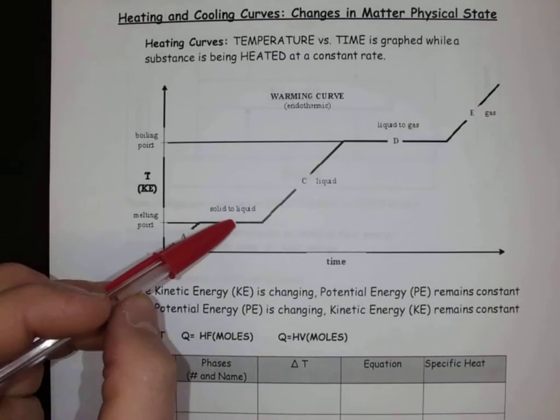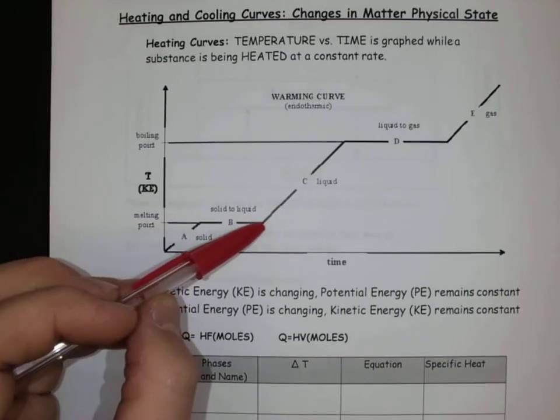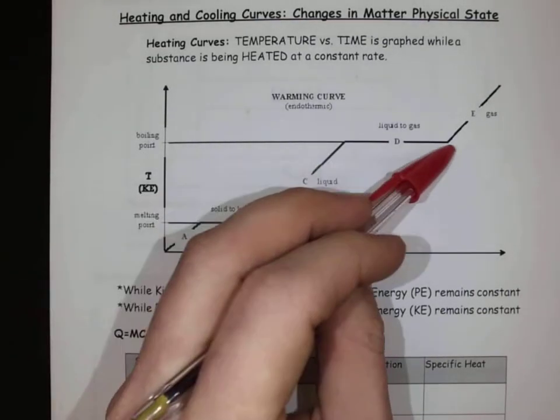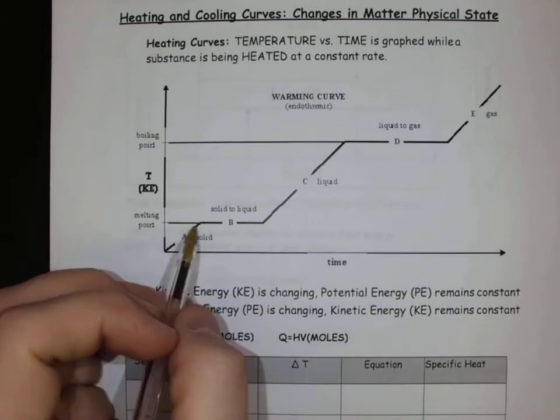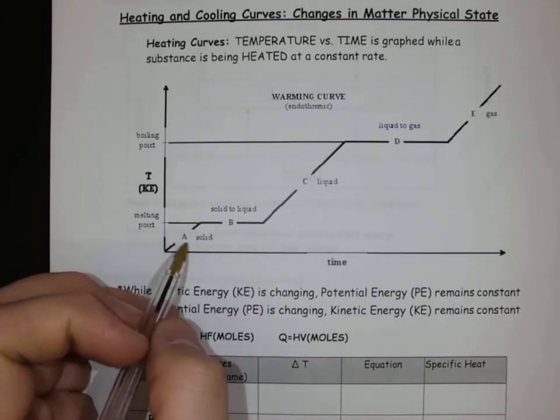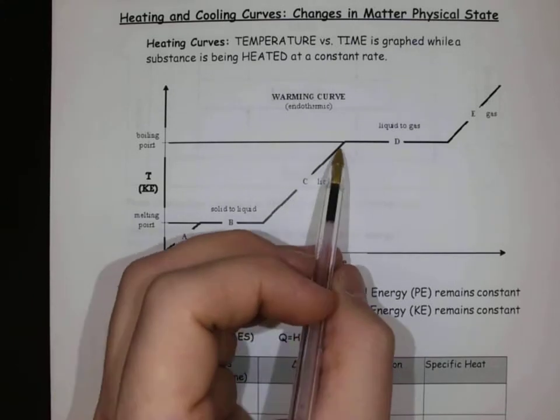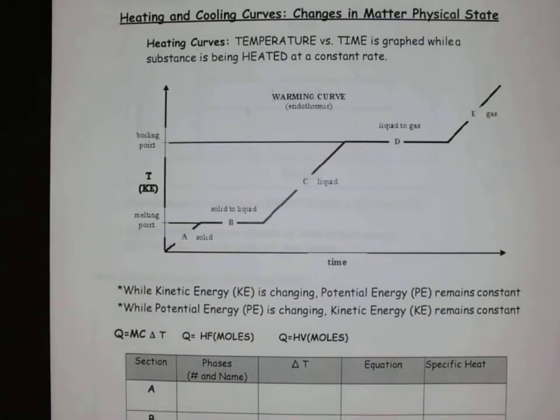But these horizontal lines are really important, okay? Because at those horizontal lines, we're going from solids to liquids, or from liquid to a gas. And so if we think about our particles, whenever we change phase, from solid to liquid, or from liquid to gas, we break the intermolecular forces.